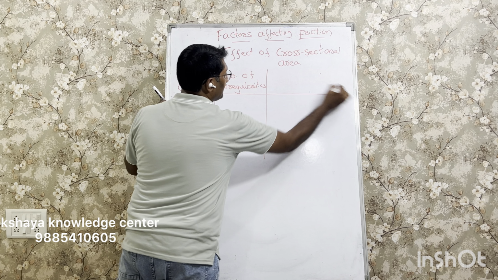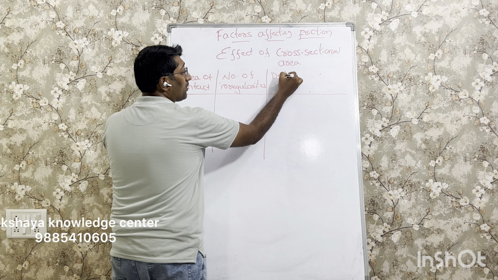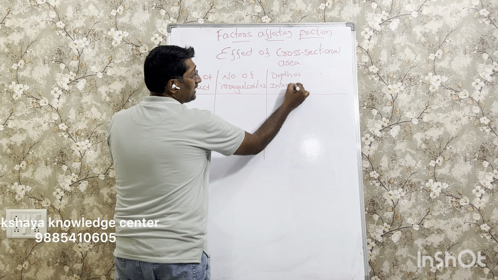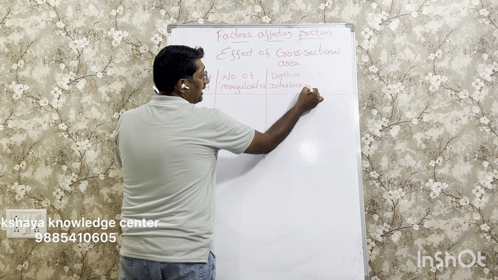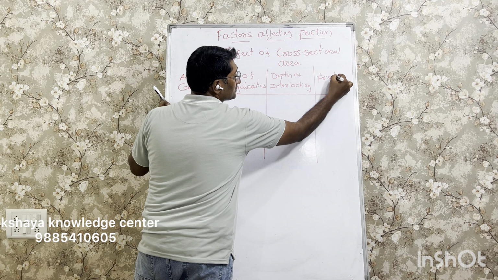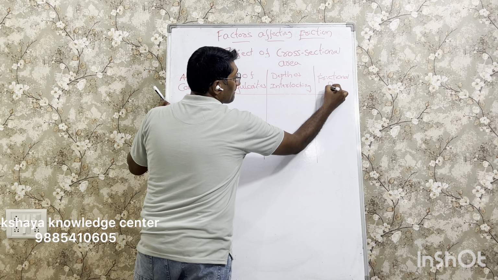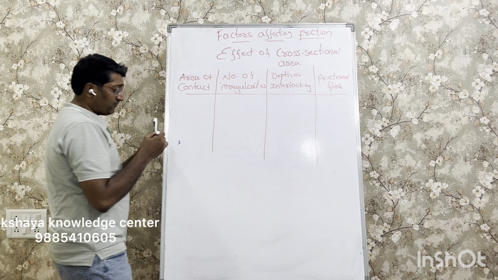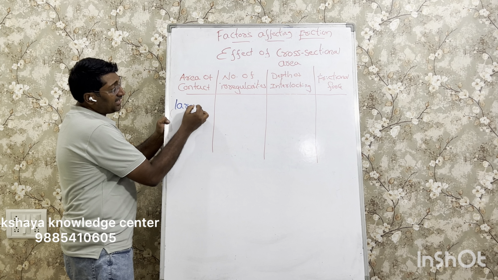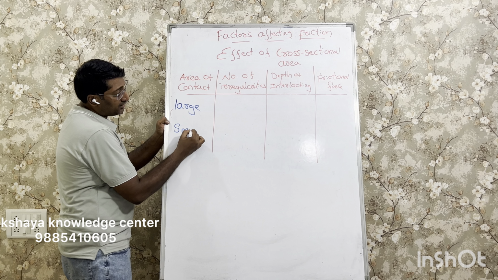Third column is depth of interlocking. And last one, frictional force. Alright, the first one is large contact area and second one is small contact area.